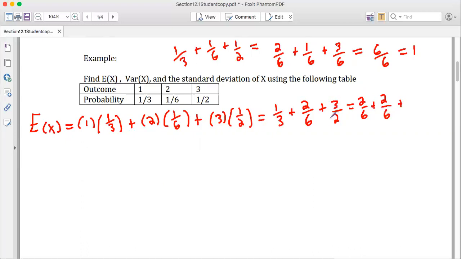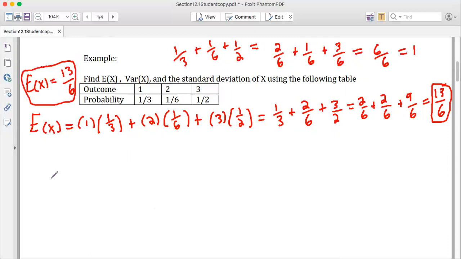And then for 3 over 2, I multiply by 3 over 3, and that's going to give me 9 over 6. And then we add these all together. So 9 plus 2 plus 2, that gives me 13 divided by 6, which is my expected value. So we'd say, okay, our expected value, E of x, is 13 divided by 6.